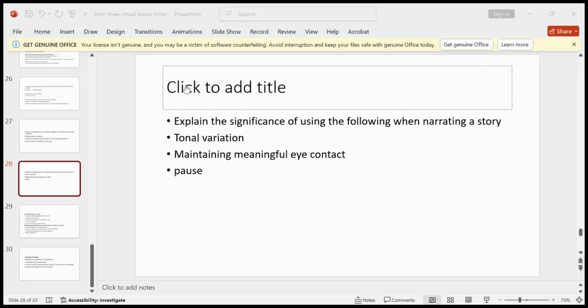Guides the reader's interpretation. Tone of variation is during performance, not during reading. Khalif, we use tone of variation when we are presenting. So we are looking for the importance of the tone of variation. Okay, we'll discuss that. What about eye contact? What is the significance of maintaining eye contact during performance?